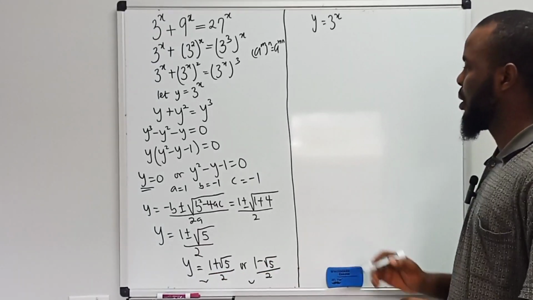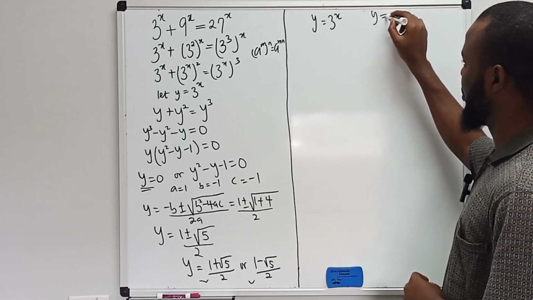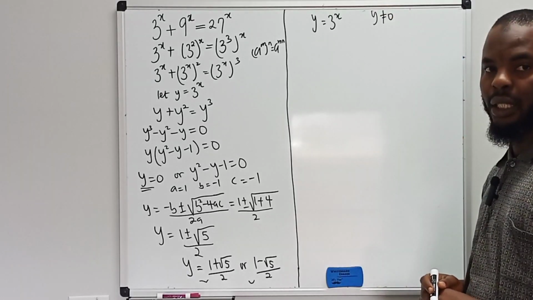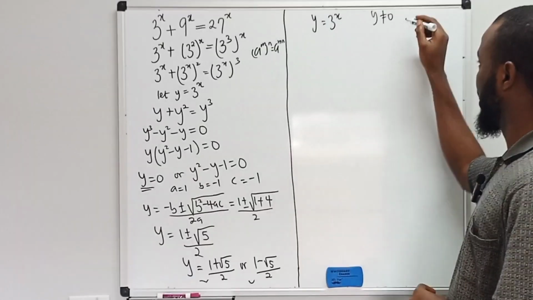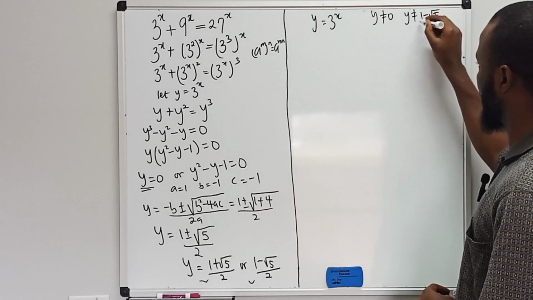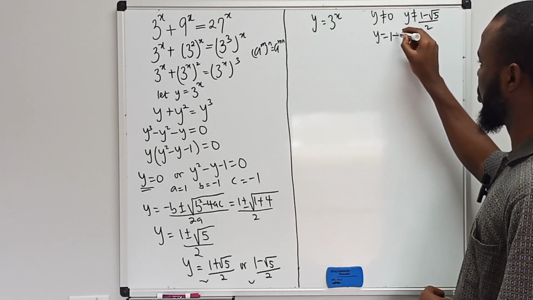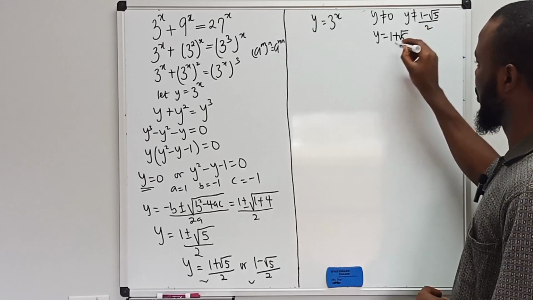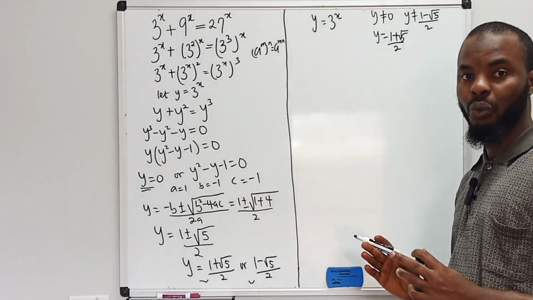That shows that we can only have a positive value. So our y cannot be 0. Secondly, y cannot be negative, because here we're having a power. Also, y cannot be 1 minus root 5 over 2. So y can only be equal to 1 plus root 5 over 2. That is the only possible value for y.